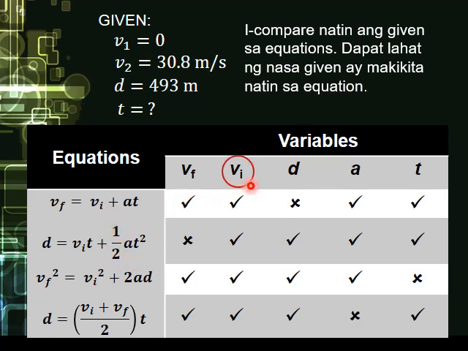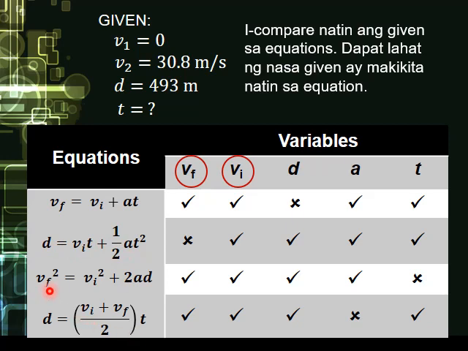Okay, so tingnan natin sa V1. Okay, so sa V1, ano nang meron dyan na V1? Okay, so, meron tayong V1 dito, meron din dito, meron din dito, meron din dito. Okay. Next, hanapin natin yung sa VF. Okay. So, dito, merong V1 at saka VF. Pero dito, walang VF. Okay. So, ibig sabihin, hindi na natin ito pwedeng isama sa pwede natin i-consider.